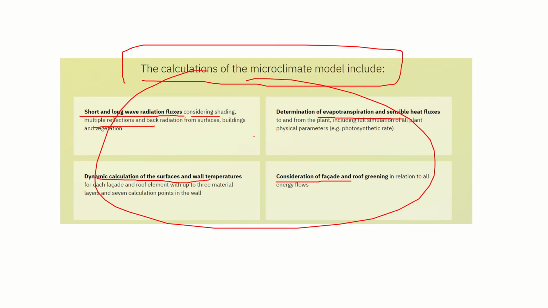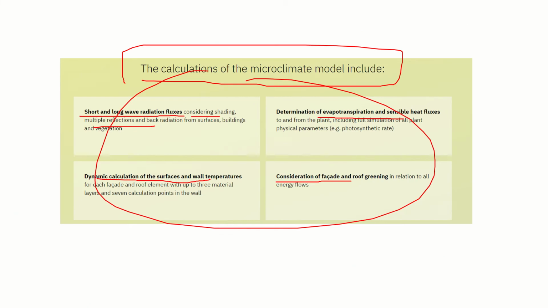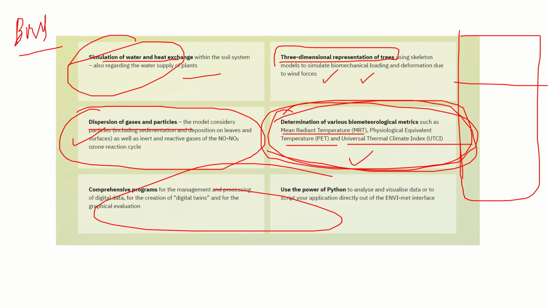Unless we have an understanding of the basics of urban climate, the basics of building and urban physics, and how to modify the parameters so that we get desirable results, the results may not be as expected. Okay, so that's one thing we should keep in mind.